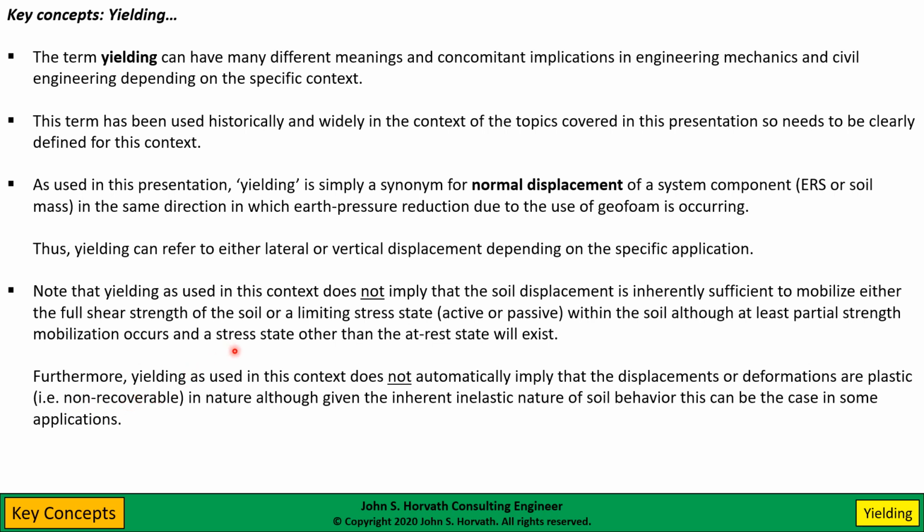Again, usually when we hear, oh, that beam yielded, right away one's mind goes to plastic deformation of the material that comprises that beam. That's not inherently and necessarily the case, although, as we'll see, the inherent inelastic nature of the soil can imply some plastic behavior.